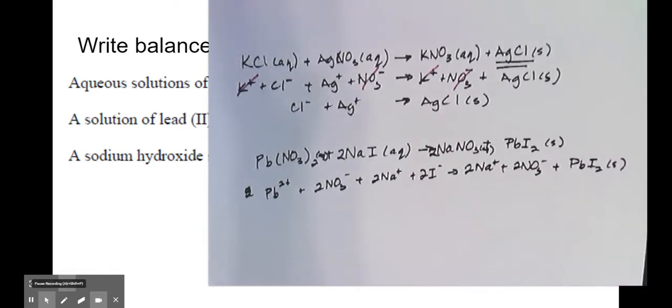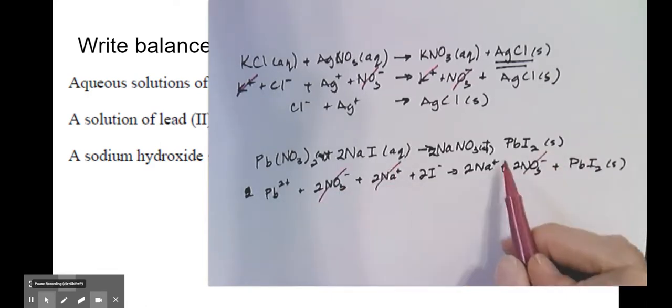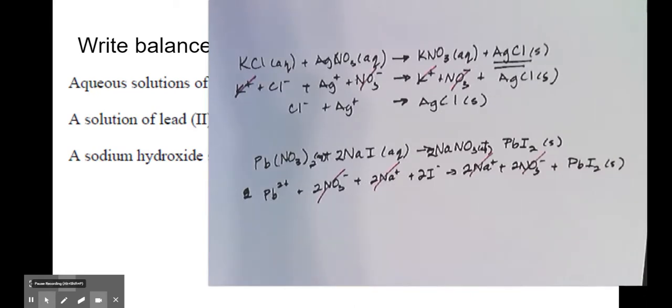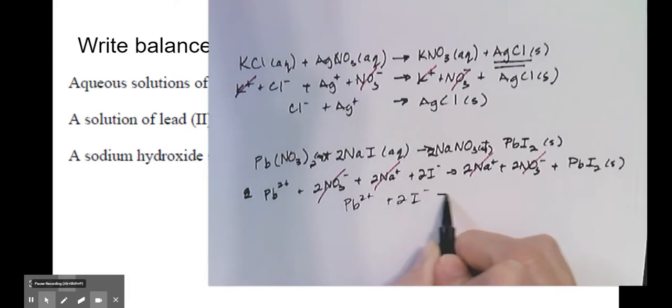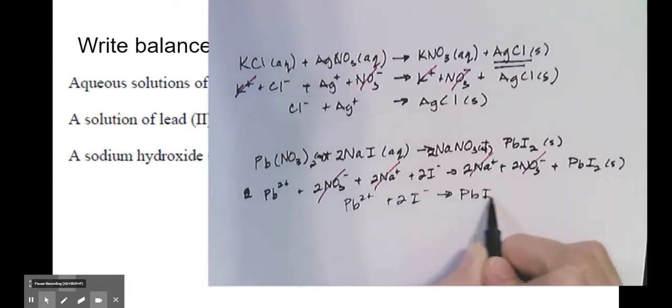So then the next step is to cross off the things that are just spectating. They are just watching. Nothing's happening. And then you write what's left. So I have lead 2+, 2 I minus, and we're going to get lead iodide.